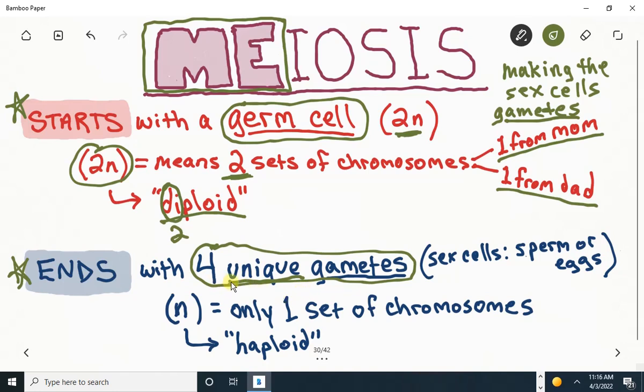In meiosis, we're going to end up with 4, not 2, and they're all unique. Each one of the 4 is going to be a different combination of chromosomes in the gamete. And each gamete is going to be just plain old N, not 2N, because it only has one set of chromosomes, which is called haploid.